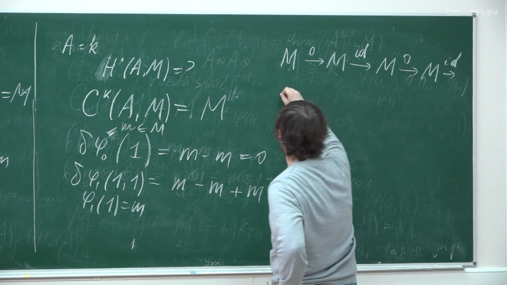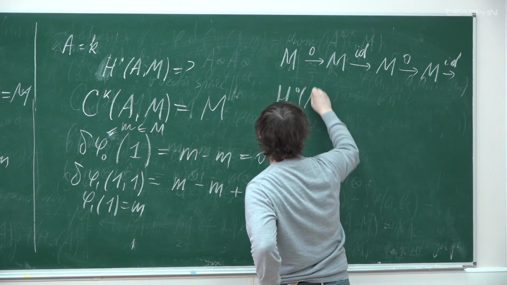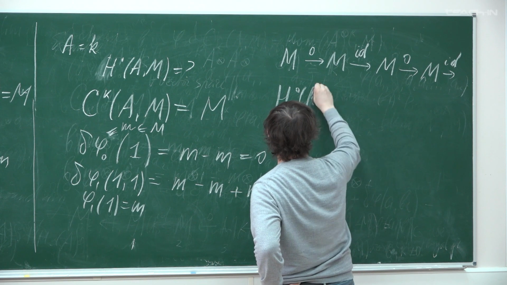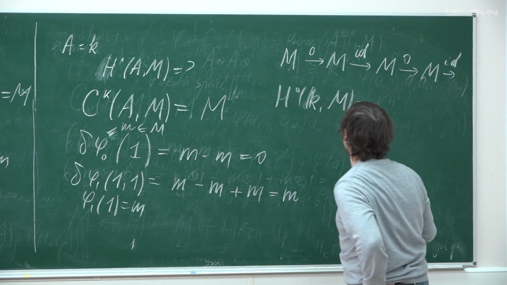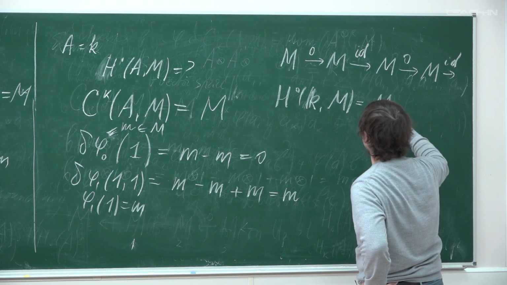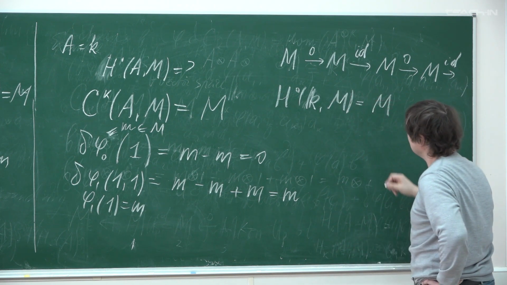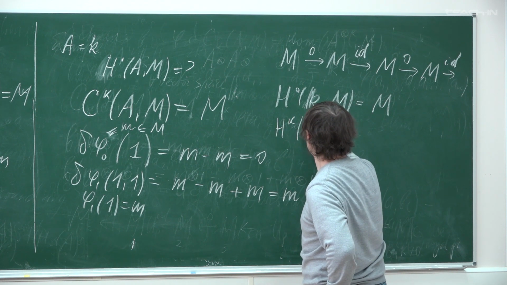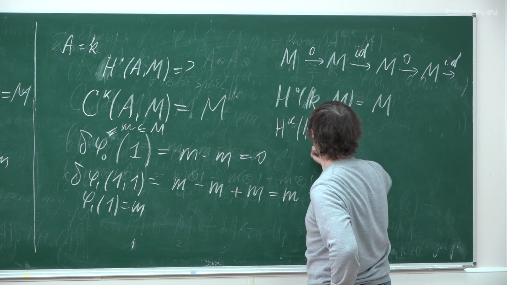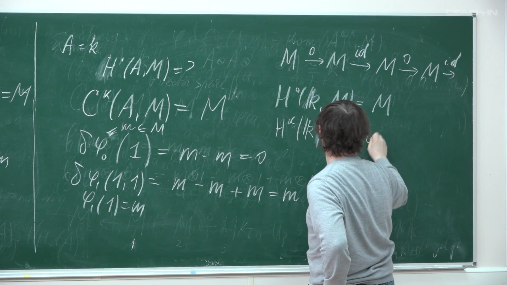So again, the cohomology of K with coefficients in M is equal to M if the degree is equal to 0, and in all other cases, for the same reason, it is equal to 0.